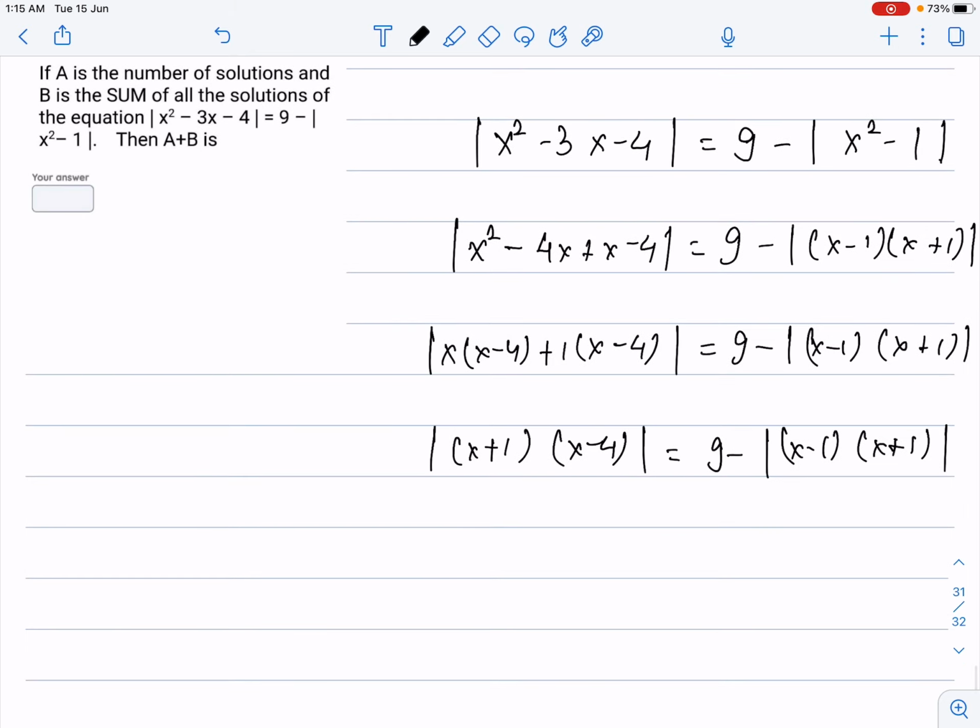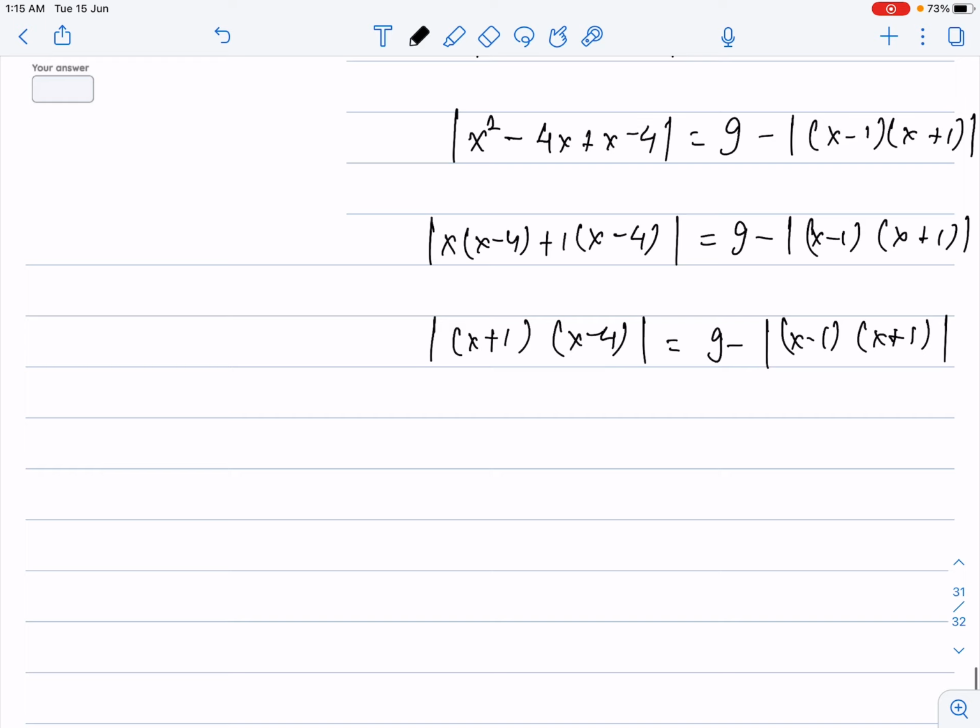Hope you guys got my point. So guys, it has been given to us the sum of solutions and number of solutions. So we will write it like mod of x plus 1 times x minus 4 plus mod of x minus 1 times x plus 1 is equal to 9.